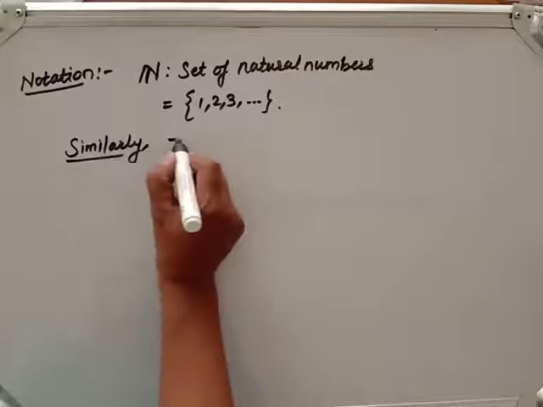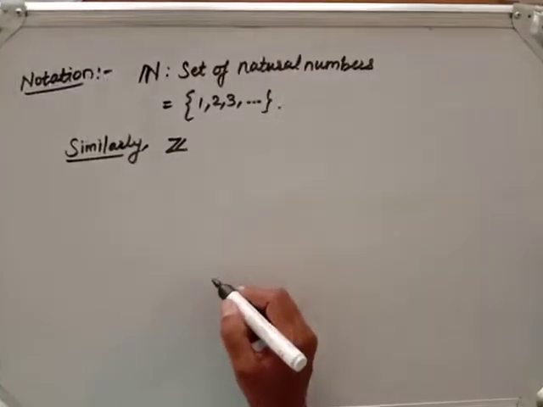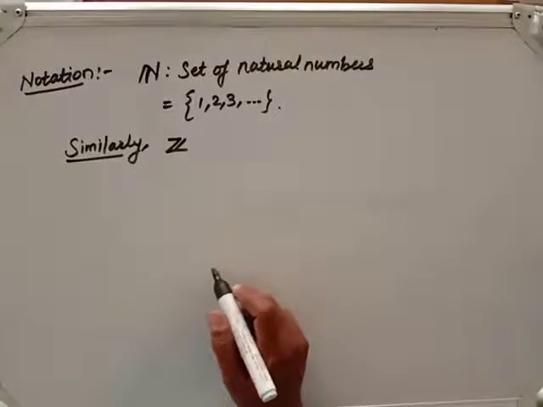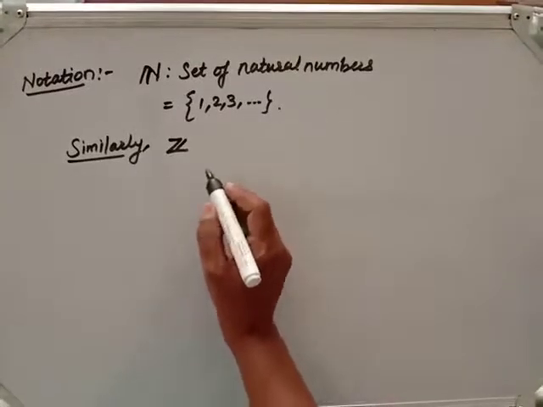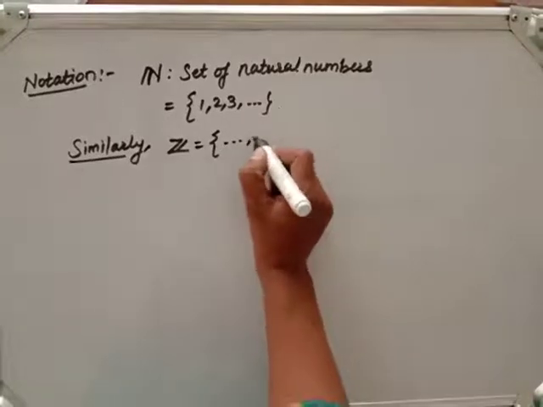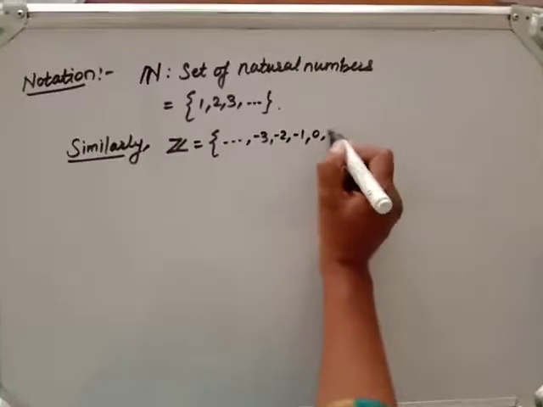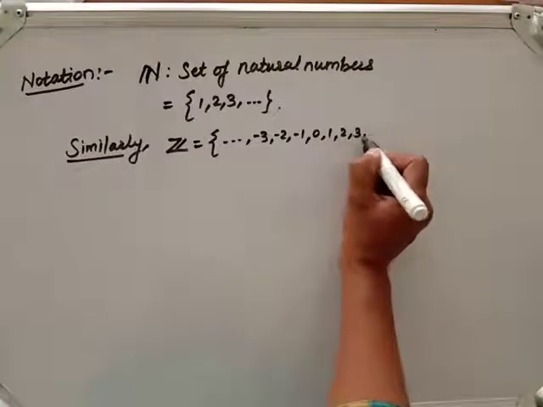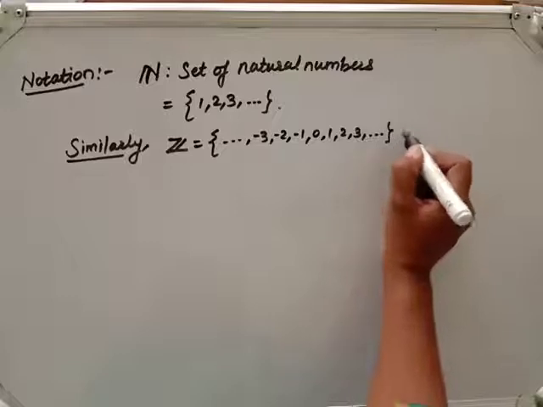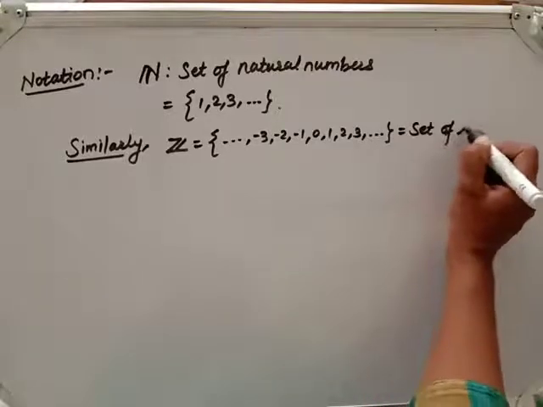Similarly, the other set is this Z. This is again a designed Z that I am using. This Z is for the set of integers: ..., -3, -2, -1, 0, 1, 2, 3 and so on. This is the set of integers.